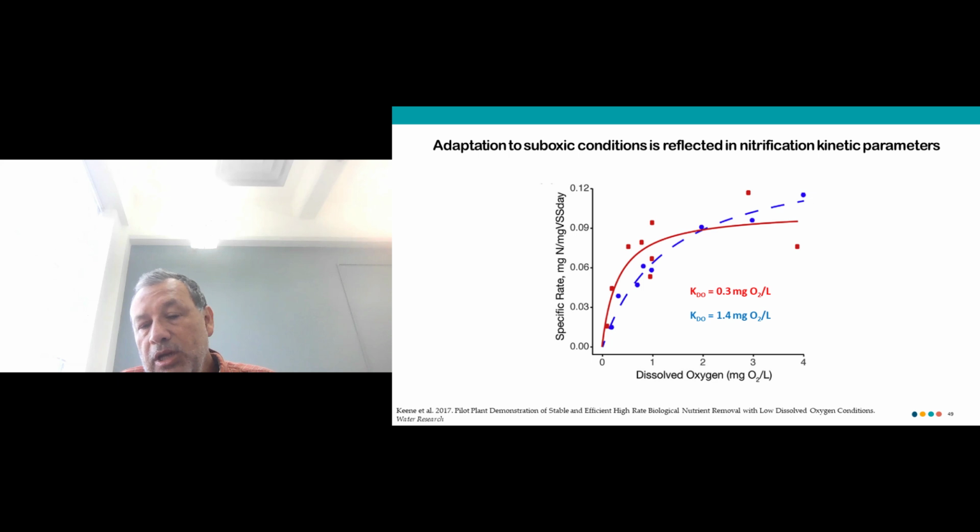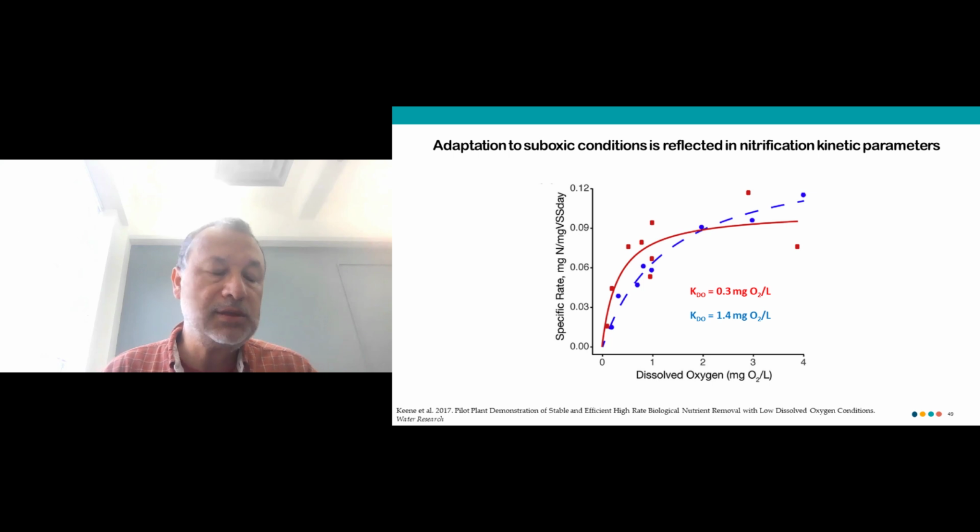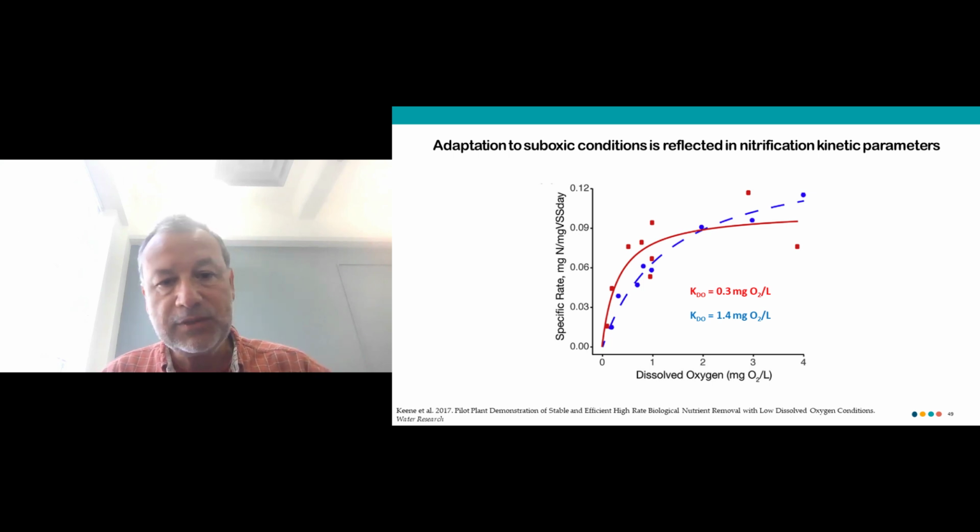What we know is that this translates to a reduction in the kinetic parameters for low DO nitrification. The KDO in our case is 0.3 compared to the full scale plant of 1.4. And through the project that these webinars are describing, we saw the same thing happening. So it's a real change that happens in the kinetics with respect to oxygen.